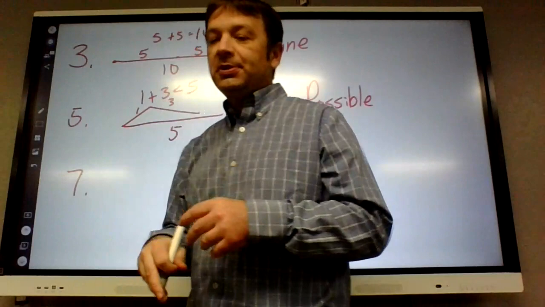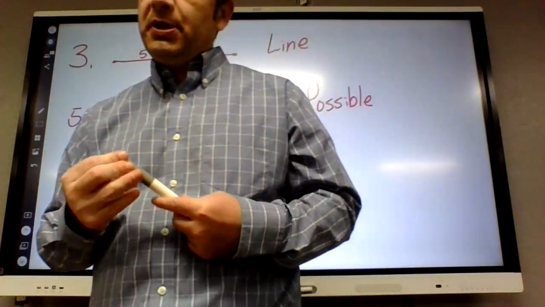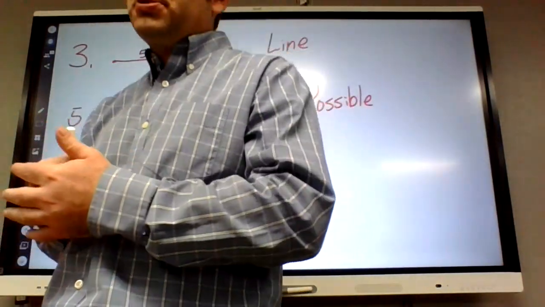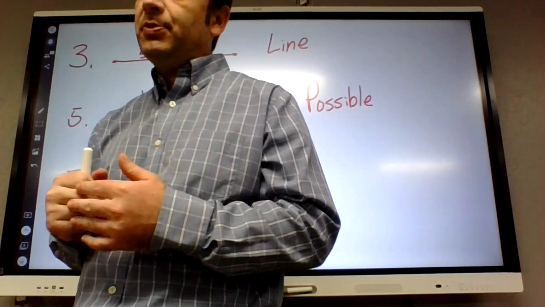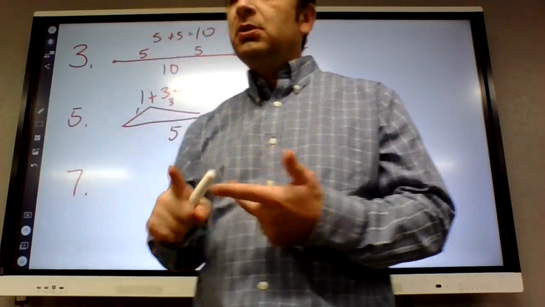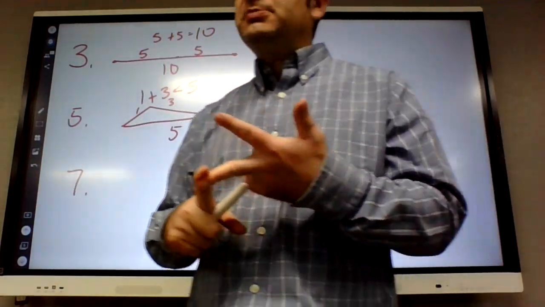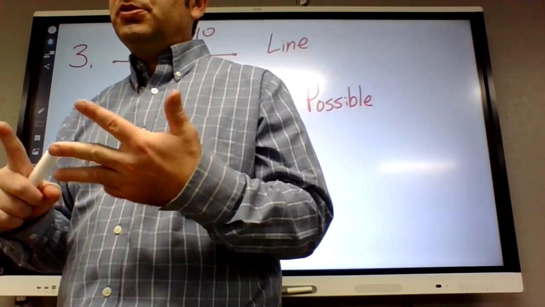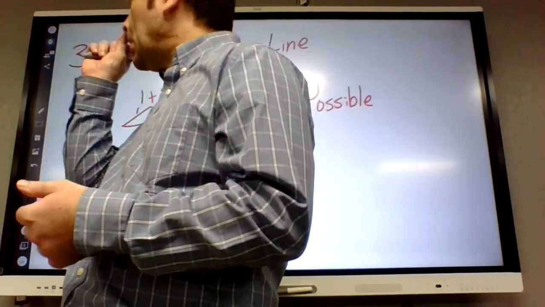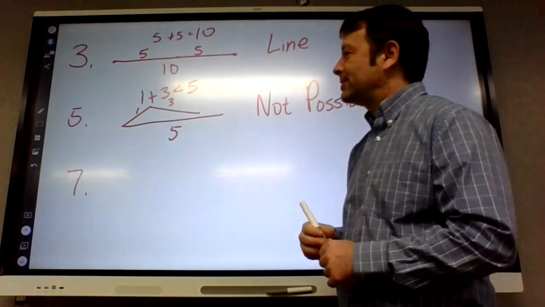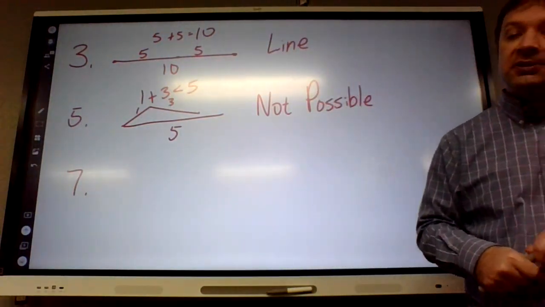Okay, number 7. State whether attempting to construct triangle ABC with the given side lengths would produce a triangle, collinear points, which means points in a line, or segments that don't meet. So it's kind of the same thing as before, except they're not asking us to draw it this time.